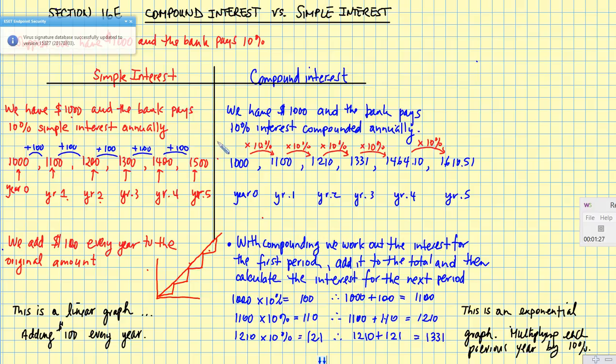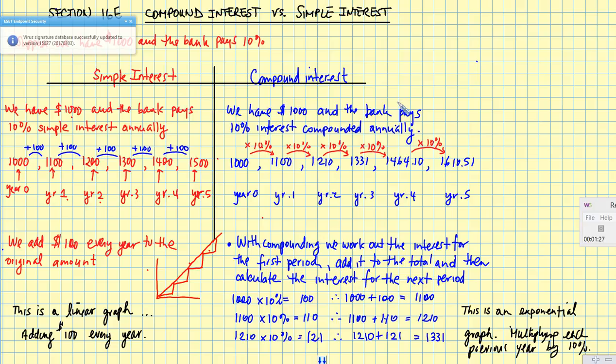So I'm adding on 10% from the previous year. We went from $1,000 to $1,100, and then we take 10% of 1,100 to give us 1,210. Then we take 1,210 in the following year and add on 10% to that, so that we get 1,331, and so forth. So you are doing a multiplication in this case.